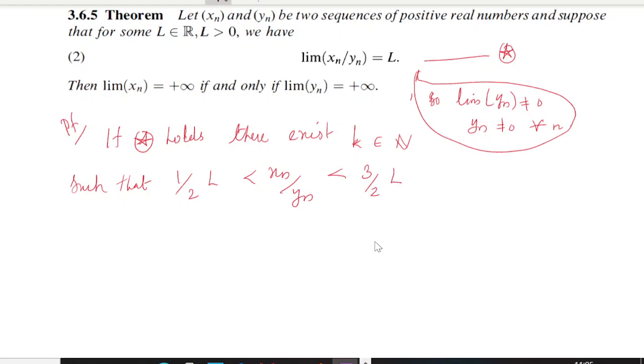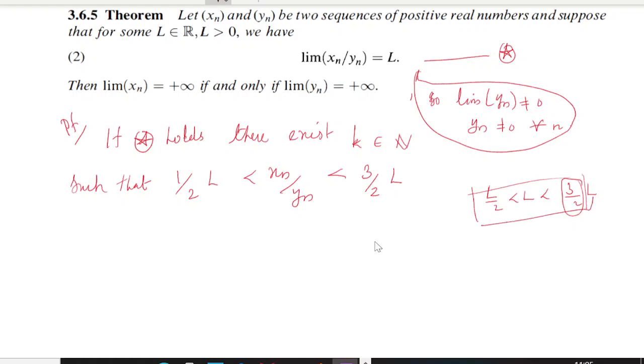Since it is given that limit of xn by yn is L, if you take the limit on these sides, you will get 1 by 2 into L is less than limit of xn by yn, less than 3 by 2 into L. The limit of that is L, so L by 2 is less than L, less than 3 by 2 into L. 3 by 2 is a quantity greater than 1, so this is valid.